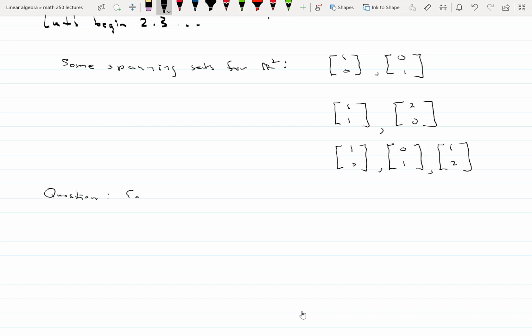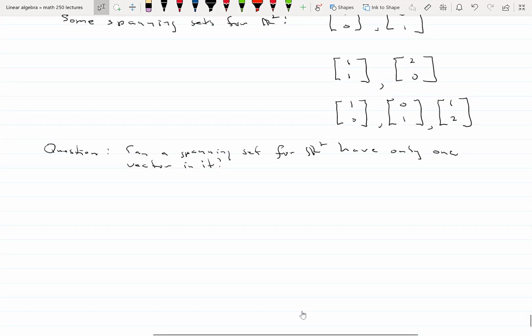So question: can a spanning set for R2 have only one vector in it? It's quite a legitimate question. What it's leading to is the core of this section.